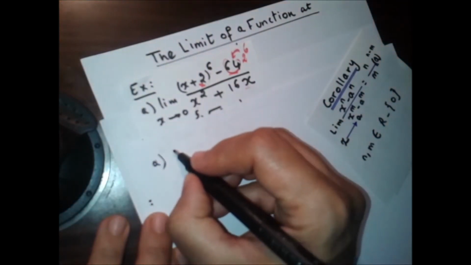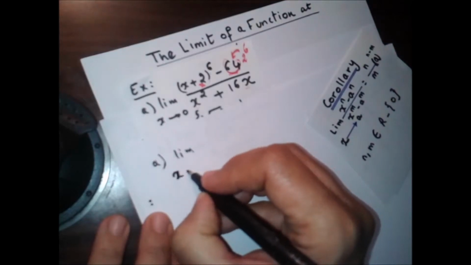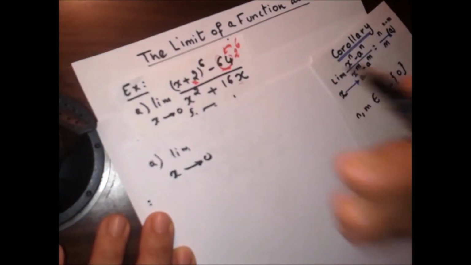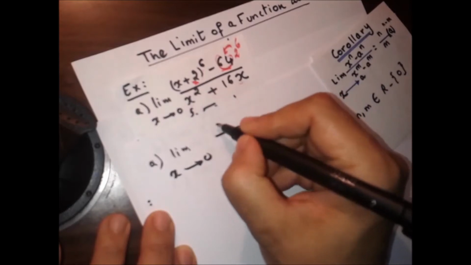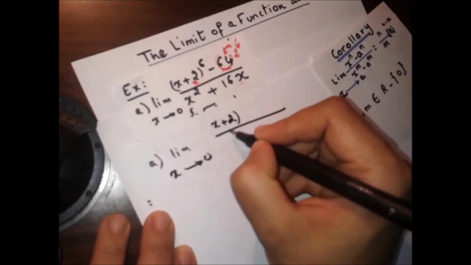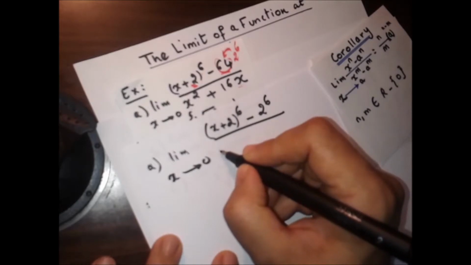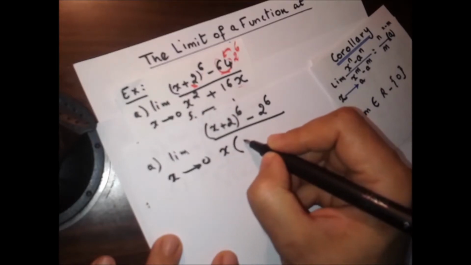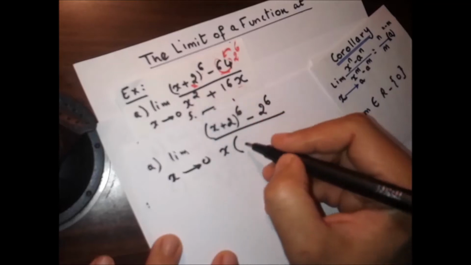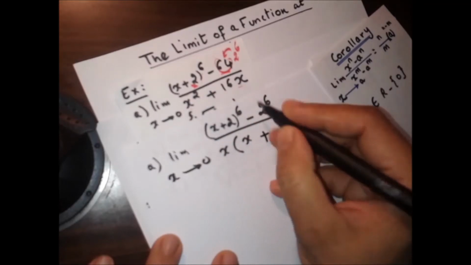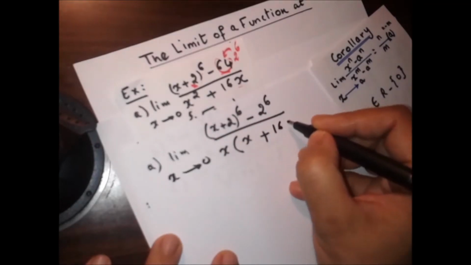So, want to find the limit as x tends to 0 of, up we have, keep it as it is, (x plus 2) to the power of 6 minus 64. Down we have, take out x as a common factor, x squared divided by x to be x, and plus 16x divided by x to be 16.